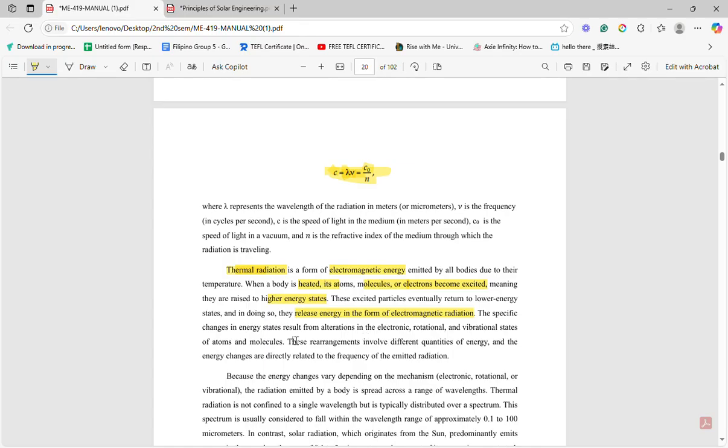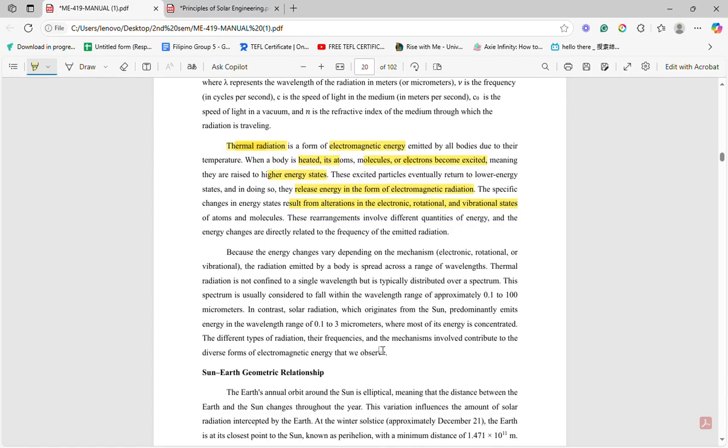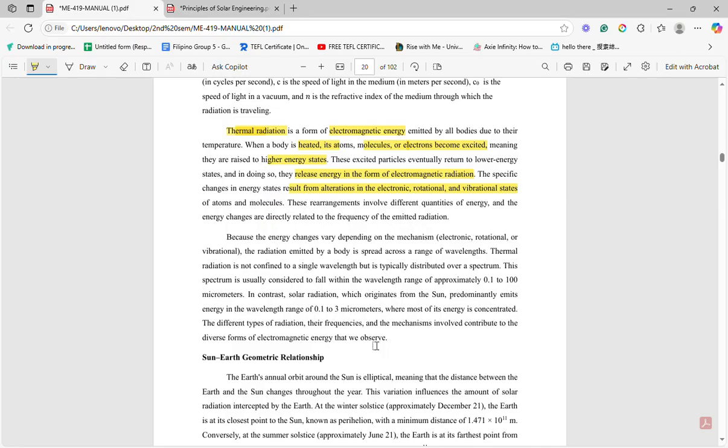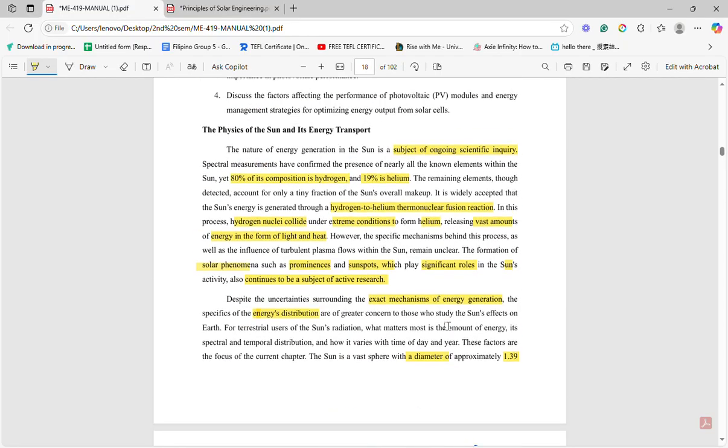These specific changes of state result from alterations in the electronic, rotational, and vibrational states of atoms and molecules, like what we have discussed in lesson 1, right? The energy changes vary depending on the mechanism, and the radiation emitted by a body is spread across a range of wavelengths.